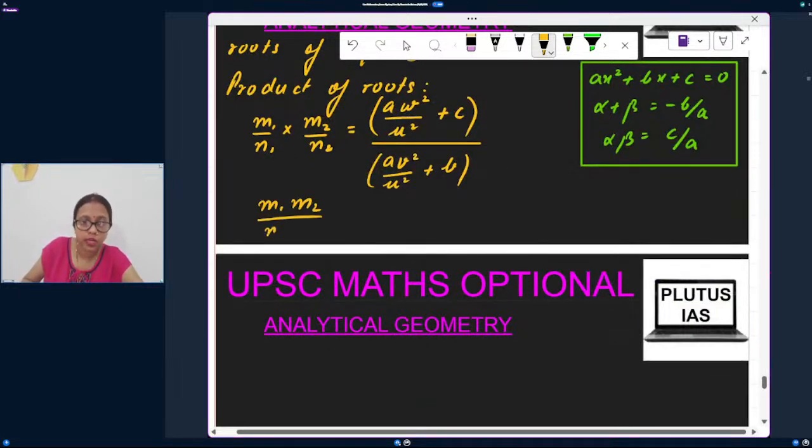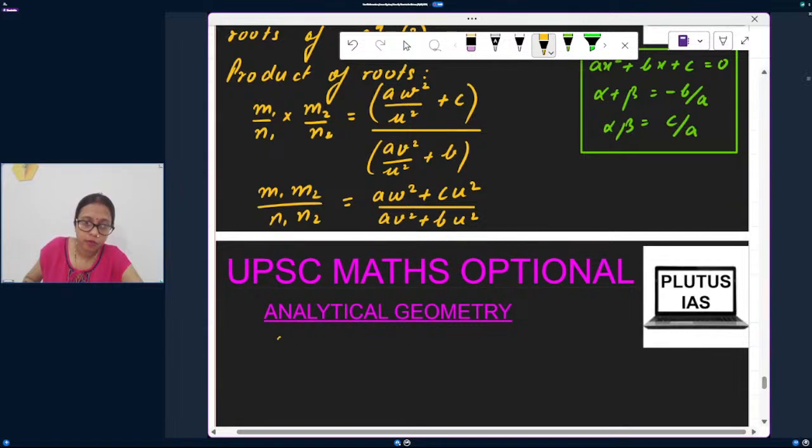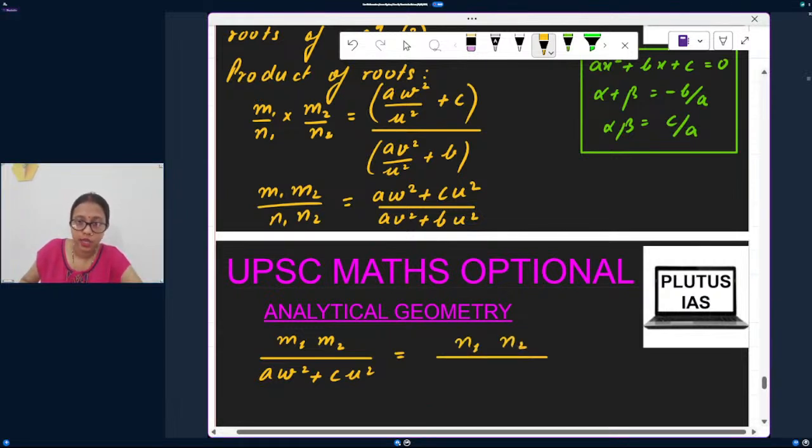M1 M2 divided by N1 N2 is equal to A W square plus C U square divided by A V square plus B U square. That means M1 M2 divided by A W square plus C U square is equal to N1 N2 divided by A V square plus B U square.